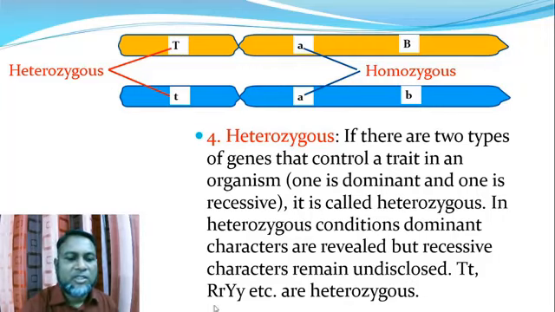Capital T, small t, or capital Y, small y, etc. are heterozygous. In this figure, we see capital T and small t. This is the heterozygous condition. Whereas small a, this is a homozygous allele.